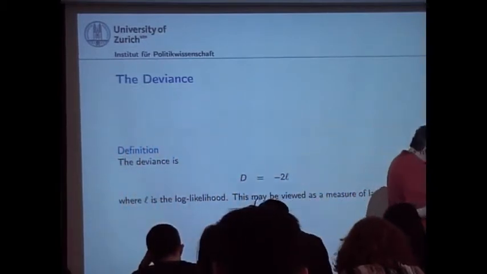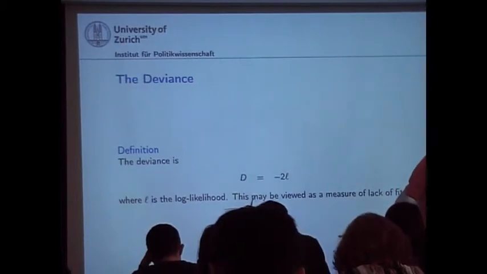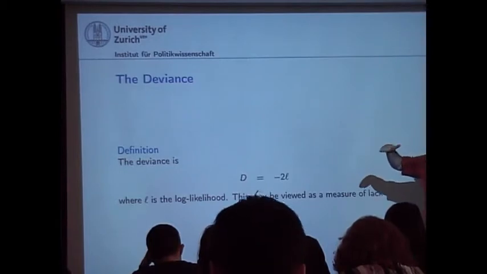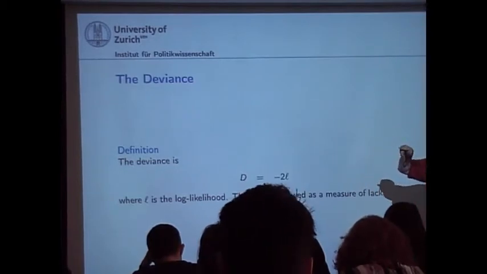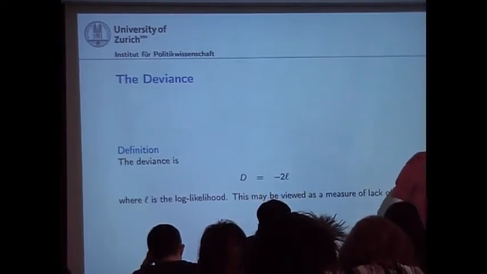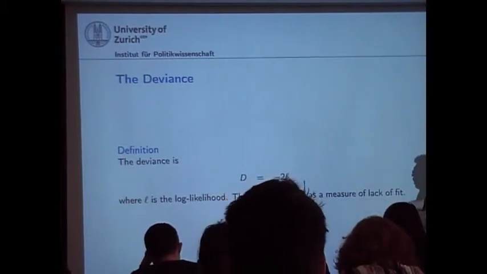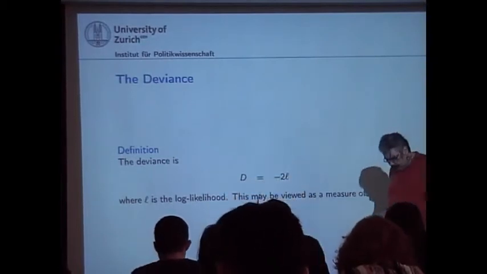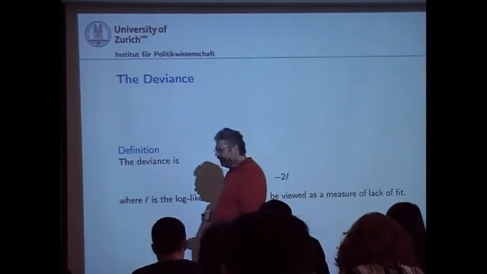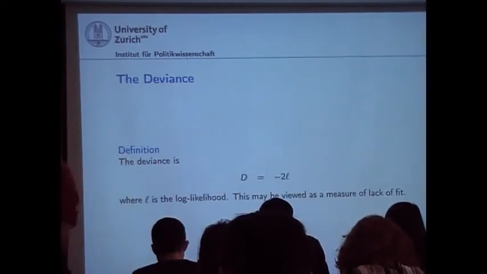When Stata is done with its iterations, it will give you the log likelihood. And that log likelihood, when you multiply it by -2, is known as the deviance, and you can think of that as a measure of the lack of fit.